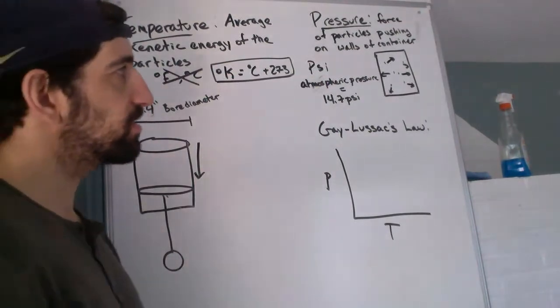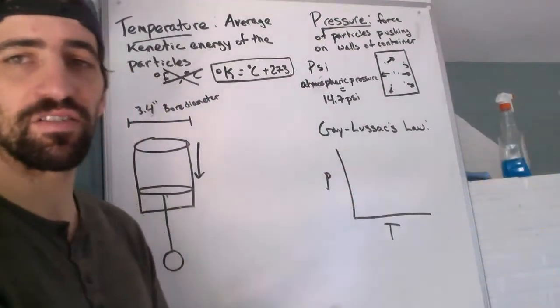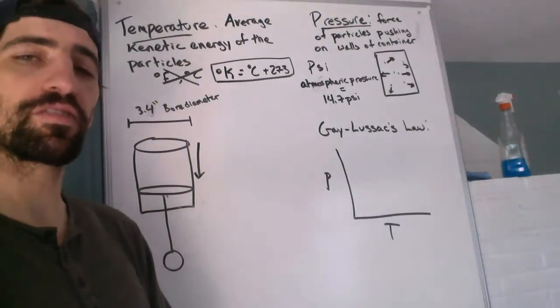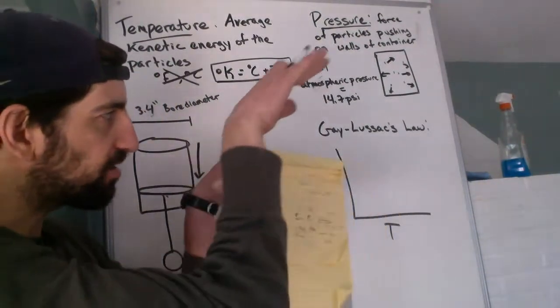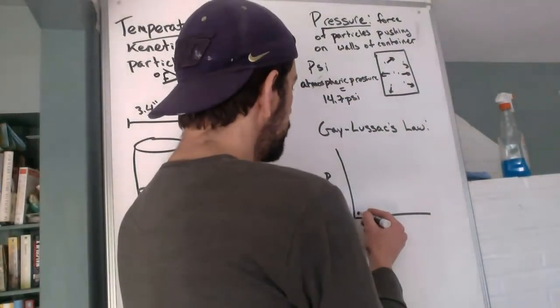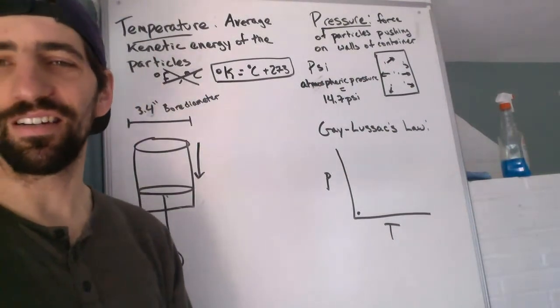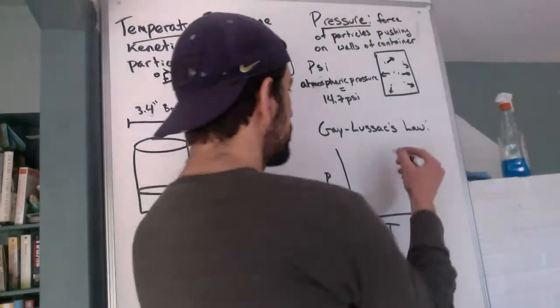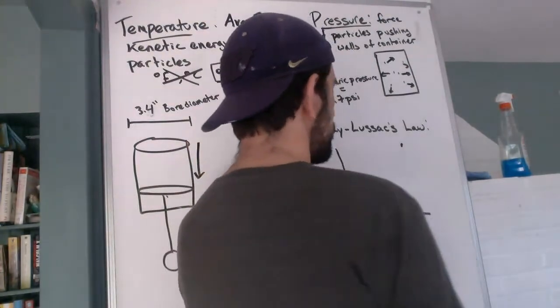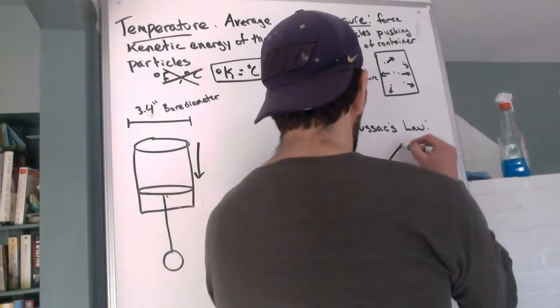If they move faster, they're going to be hitting the sides of the wall more and more, and with more frequency, so the pressure pushing out on the walls would increase. At a very low temperature, we're going to have low pressure, and at a very high temperature, we would have a high pressure as the particles move faster and begin hitting the sides of the wall more and more.